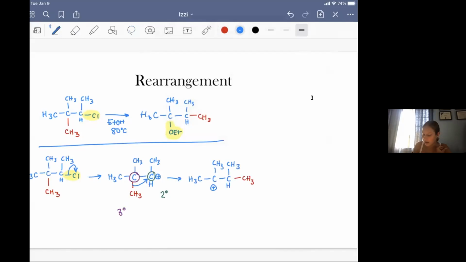And now that our positive charge has shifted to form a more stable carbocation, our solvent is going to come back in, and it's ethanol in this case. And it's going to attack this positively charged carbon, and it's just going to attach itself.